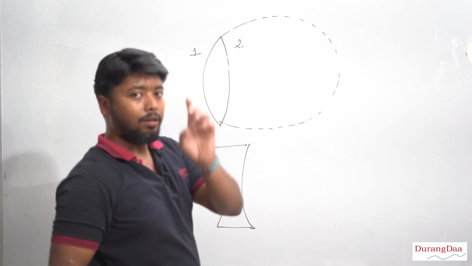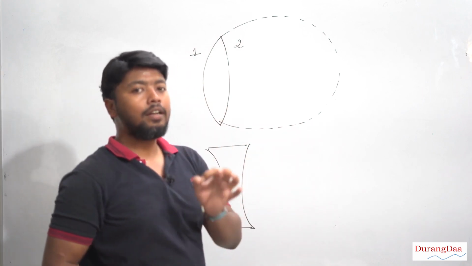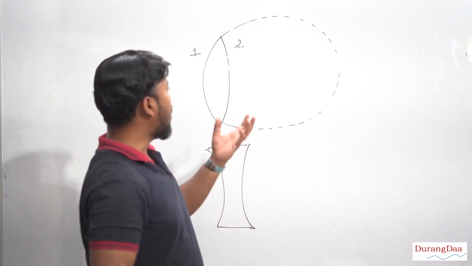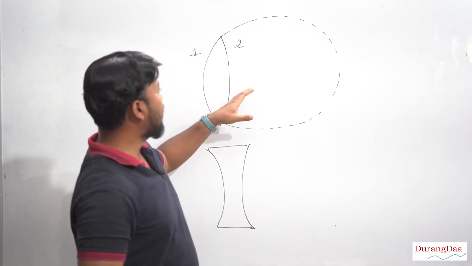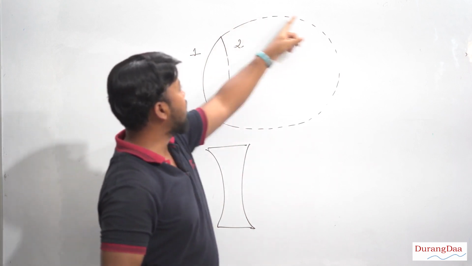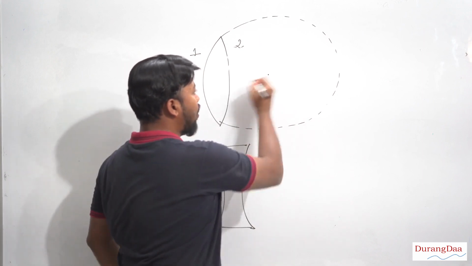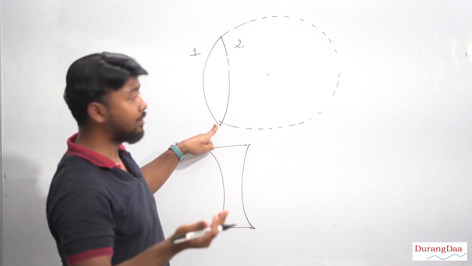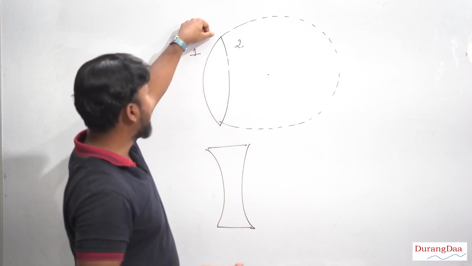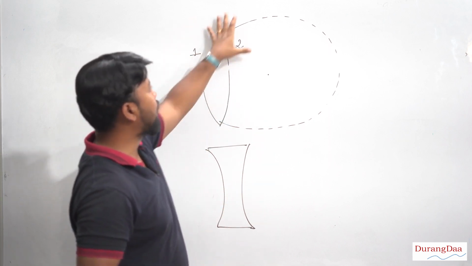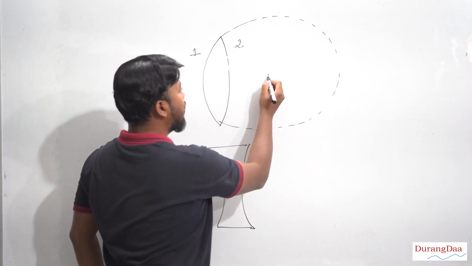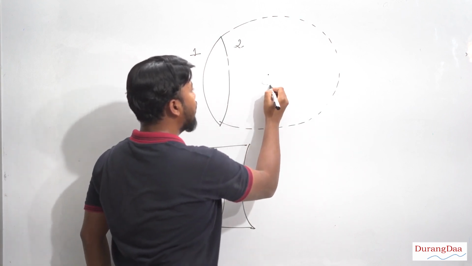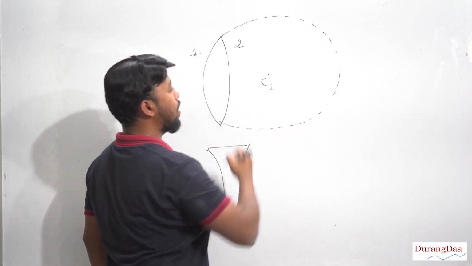Now the first technical term which you have to study is the center of curvature. Now how to define it? Center of curvature is nothing but the center of the sphere of which this spherical surface which is forming the lens is a part of. So surface 1 is part of this sphere and its center will be called the center of curvature for surface 1.